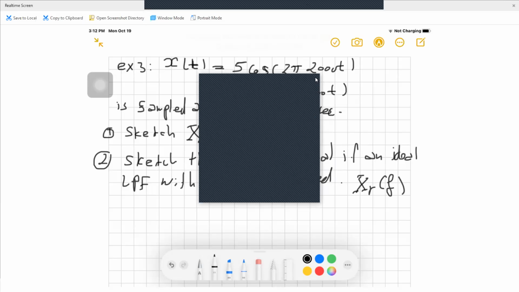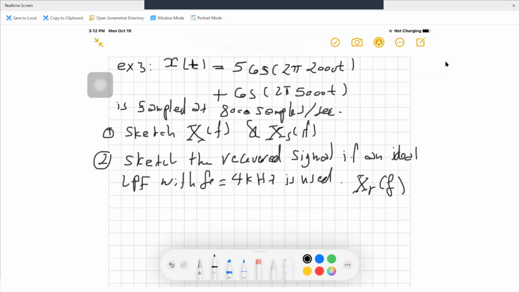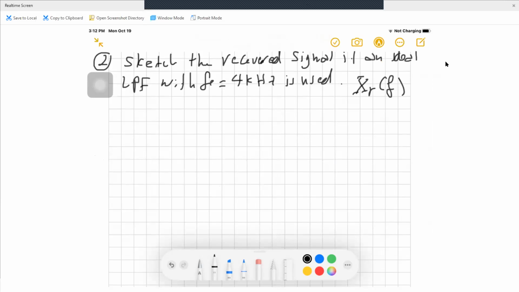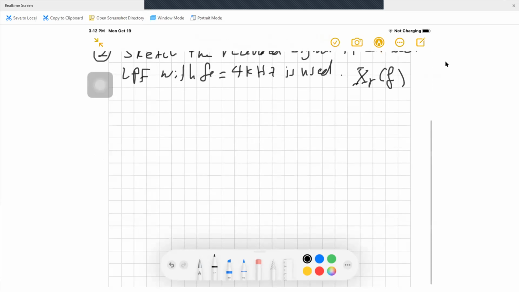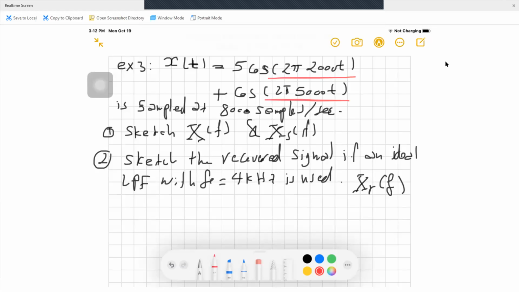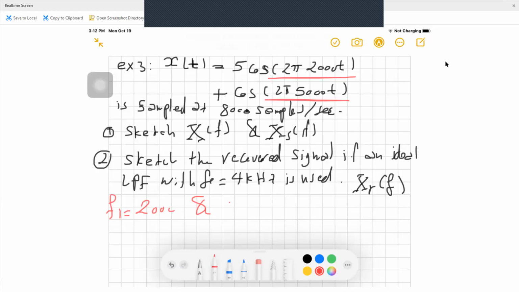Well, now we are going to solve this problem step by step, starting with the first branch, I mean X of F. Again, you can note the important point here. Look, 2 frequencies we have, 2 kilo and 5 kilo. So F1 equals to 2000, and F2 equals to what? 5000.